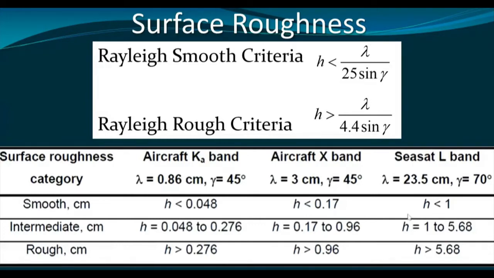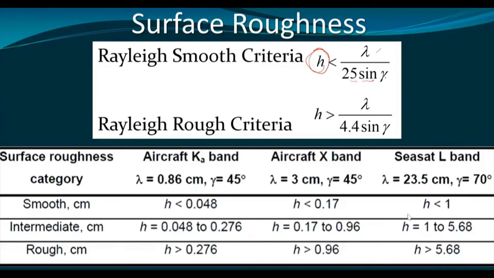The surface will be referred to as smooth if the height variation is less than this formula. What is the formula? Lambda is the wavelength, divided by 25 sine gamma.